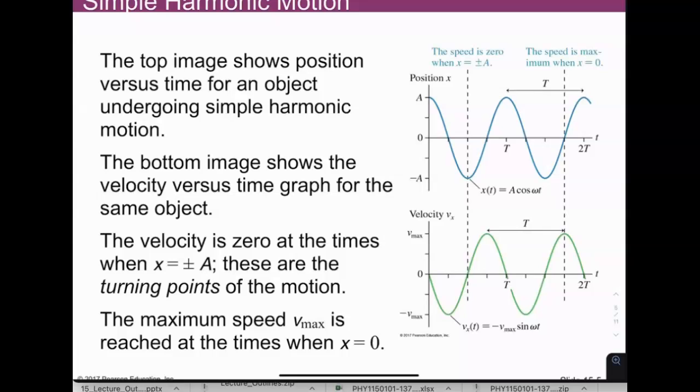The velocity is 0 at the time when the position is at the maximum amplitude, A. These are the turning points of the motion. The maximum speed, v max, is reached at the time when the position is x equals 0.